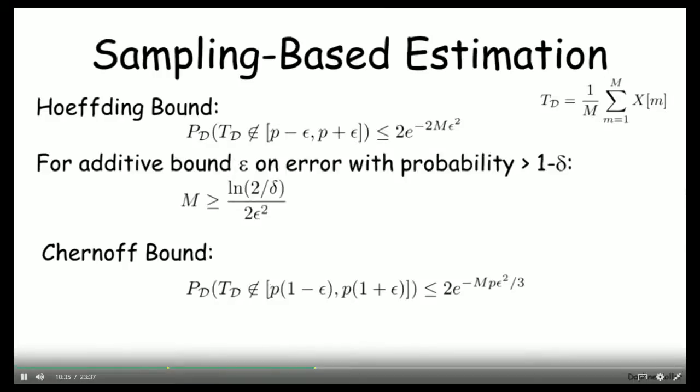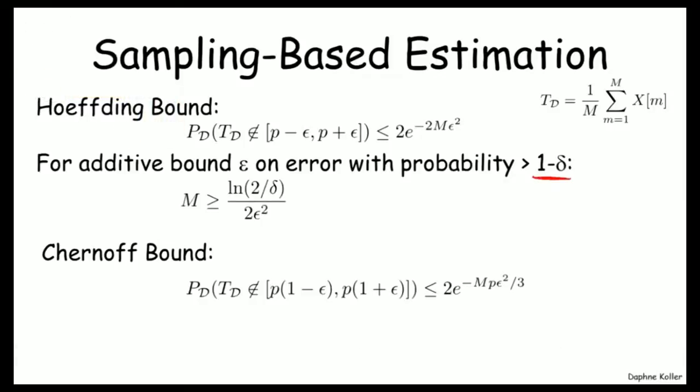we can now say for a given tolerance that we want, for a given error probability that we want, that is, if we want to guarantee that we're within epsilon with probability greater than 1 minus delta, we need this many samples. And that's fairly straightforward algebra.